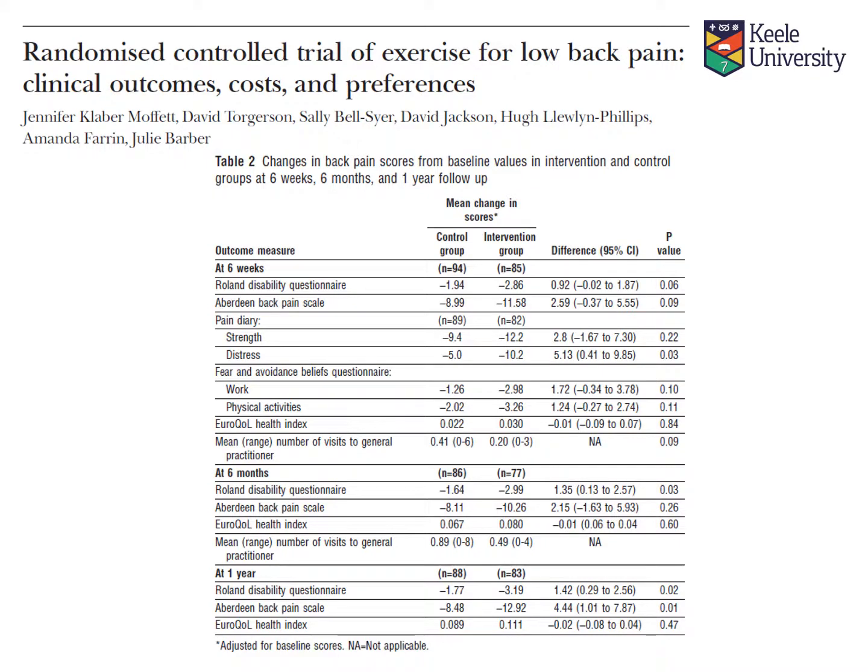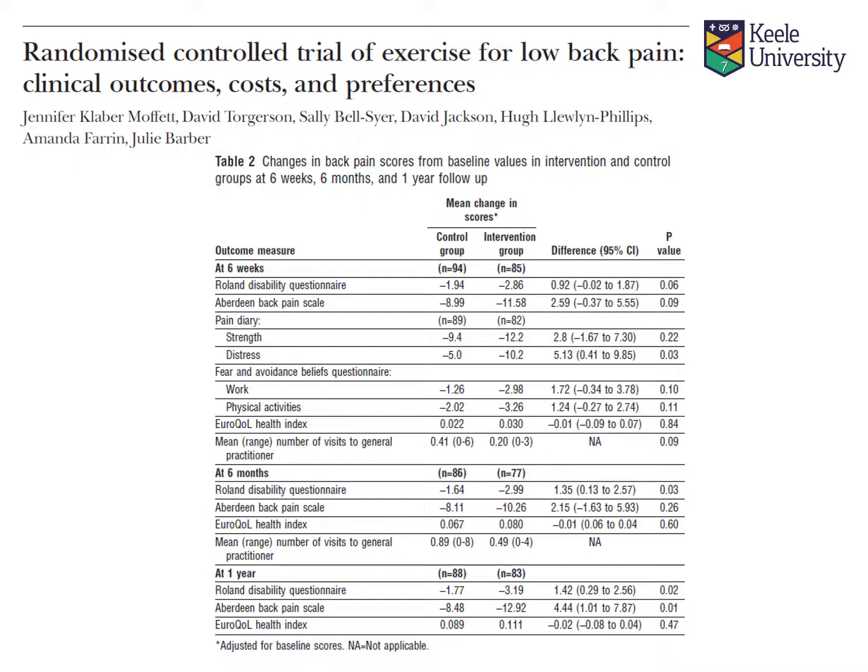This is an example of a results table, change in back pain score from baseline values, interventional versus control, in a randomized controlled trial. What this really gives you is an example of how mean change in scores and the mean difference with the confidence interval is illustrated here.